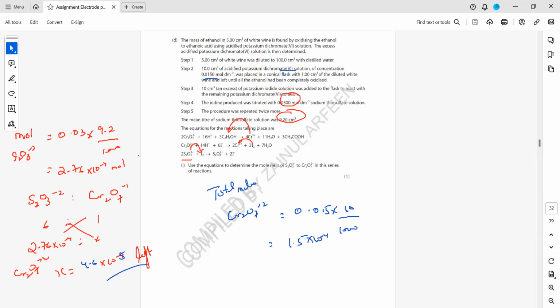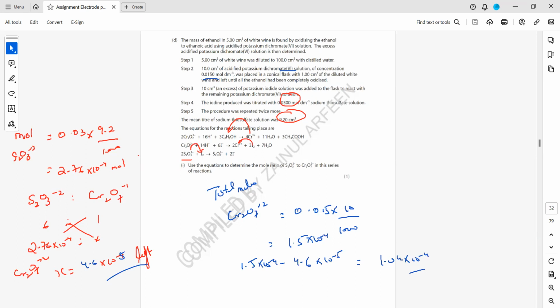So these are the moles left, and this is the total moles used. So how many moles reacted? 1.5 × 10⁻⁴ minus 4.6 × 10⁻⁵ gives 1.04 × 10⁻⁴. These are the moles which reacted.